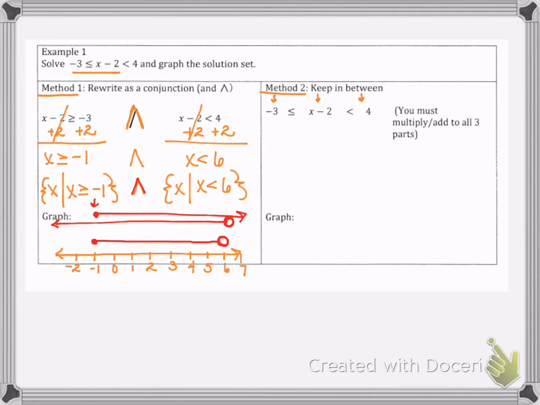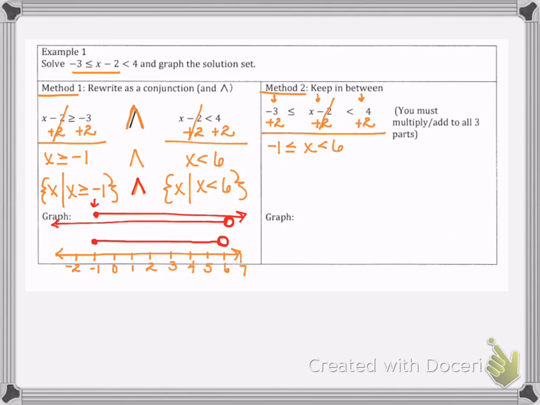So again, I want to add 2 to get rid of the minus 2 next to the x and isolate the variable, but that means I've also got to do it on the right and on the left. So that will give me negative 1 less than or equal to x less than 6.